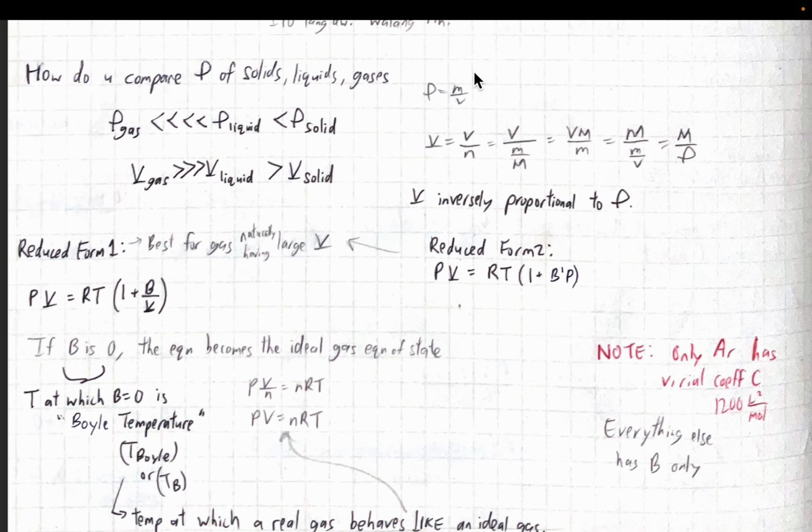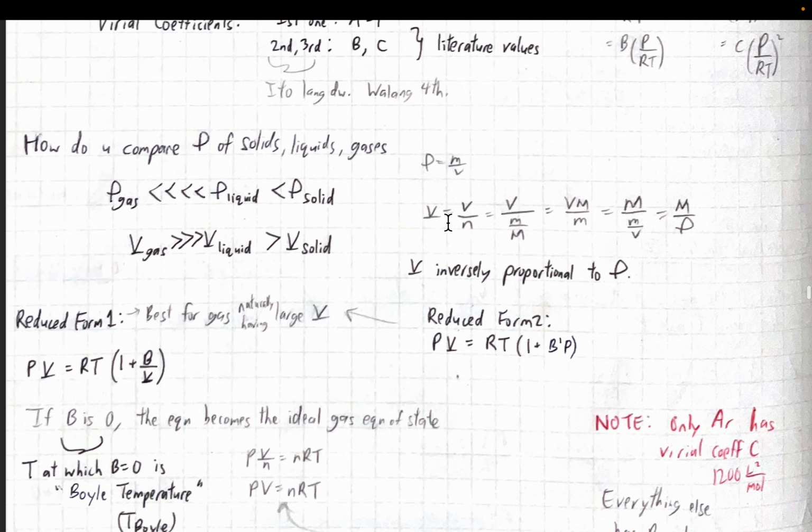Let's look at this relationship. We know that density is mass over volume, right? And molar volume is volume per mole. Mole here could be rewritten as mass over molar mass.